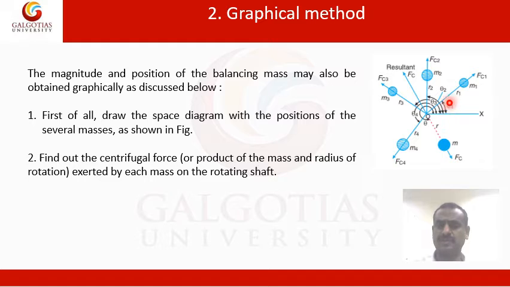Theta 1 will be given in the problem itself. Based on theta 1, we are locating mass 1. Similarly, mass 2 is located with the help of theta 2, then mass 3 with the given value of theta 3, and mass 4 with the given value of theta 4. Like that, we are drawing the space diagram.